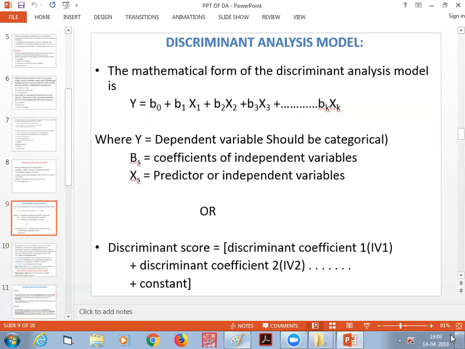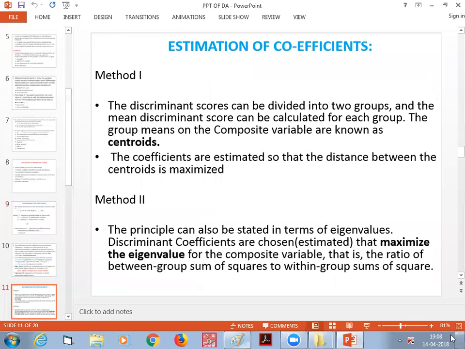So in the regression model, as I said, we estimated by using the method of least squares, that is ordinary least squares, minimizing the error sum of squares. In the discriminant model, how to estimate this B naught, B1, B2, etc.? For that, we have two methods.